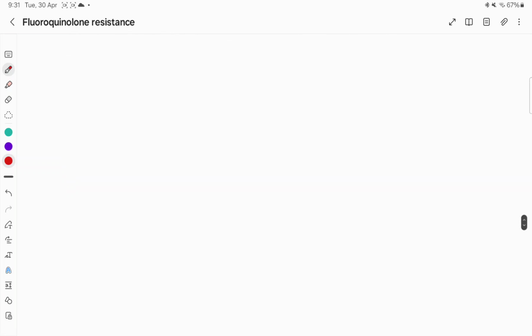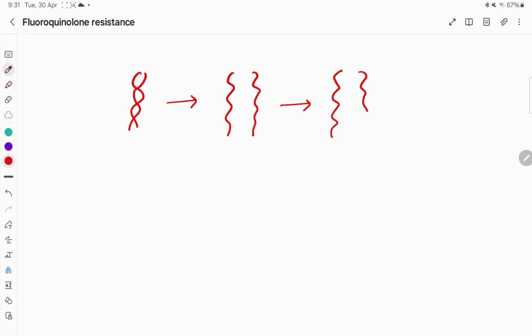As you know, the DNA first undergoes unwinding, and then from one DNA we can get two DNA.